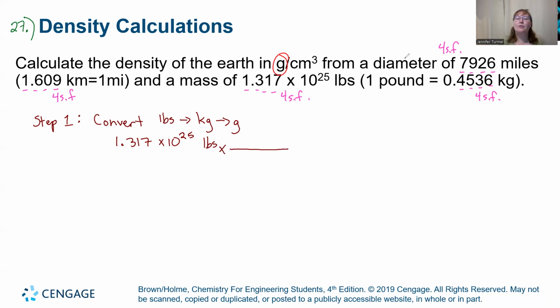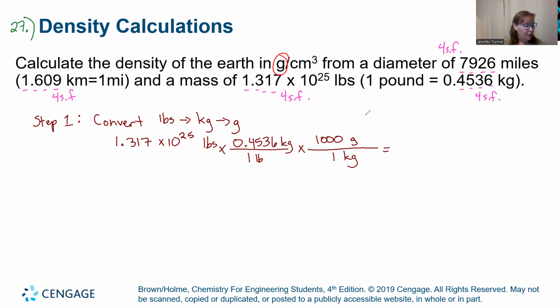And now I use my conversion here that 1 pound is 0.4536 kilograms. Okay. But I need to go all the way to grams. So I know from before that every kilogram has 1,000 grams. Right?